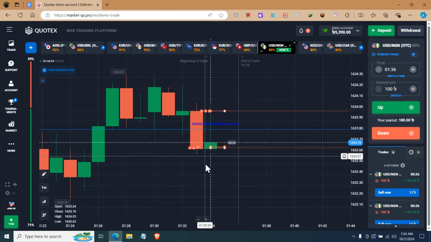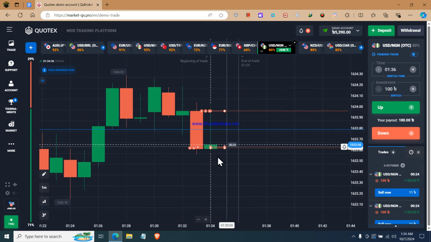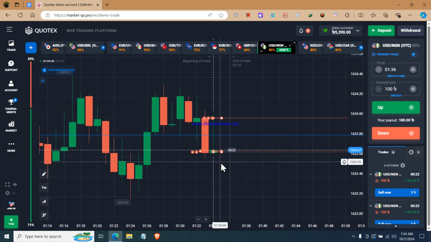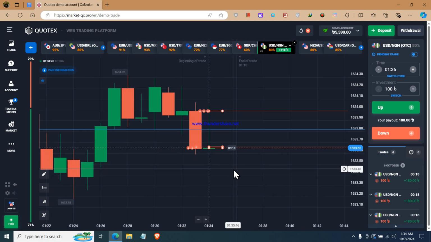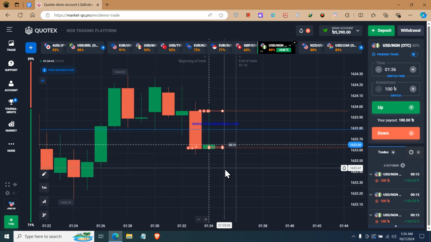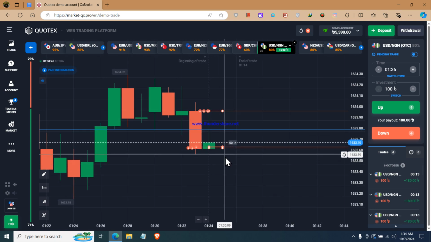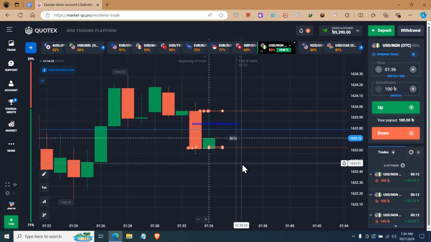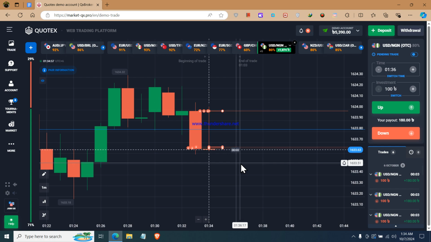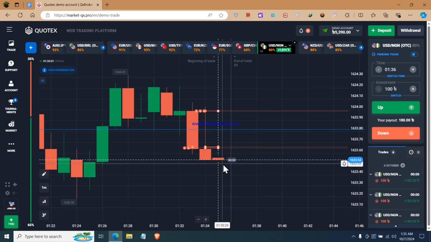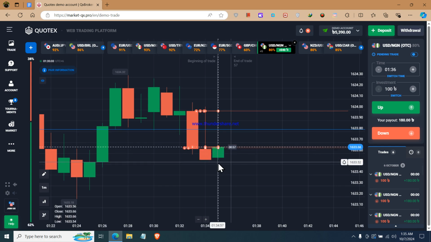The logic sometimes works, you know, the logic gets reversed. Okay, this candle is becoming a green candle right now. So this is not a profit, okay, it's getting me a profit. So eventually it was a profit, right?